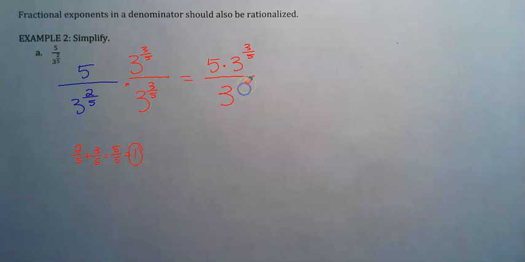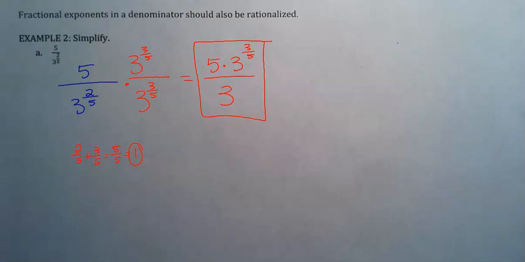We never write that 1 when we're done. So that's your simplified answer, which doesn't look any simpler than what we were given, but it is, because it meets those 3 requirements of no perfect nth powers in the radicand, no fractions in the radicand, and no radicals in the denominator. So it is simplified.